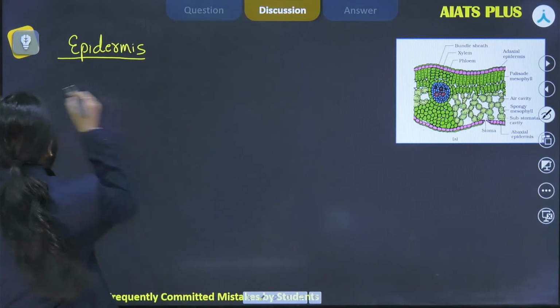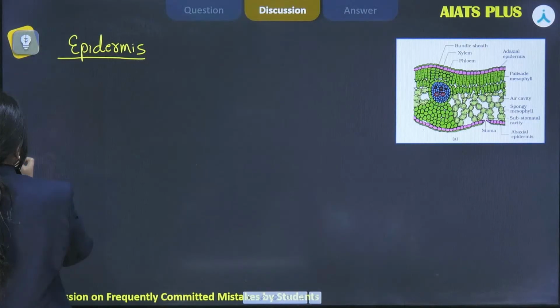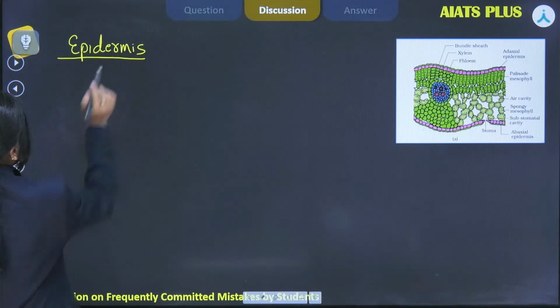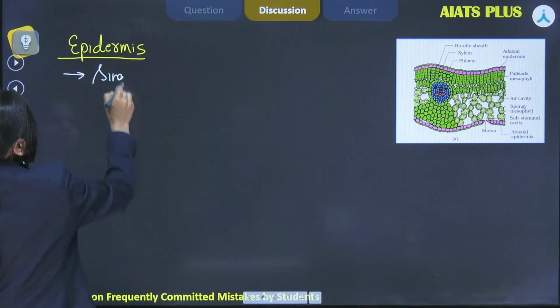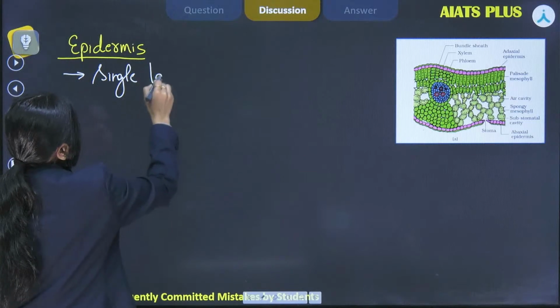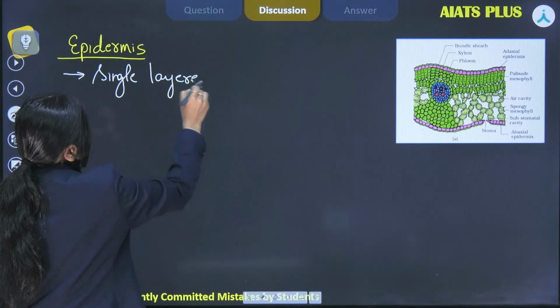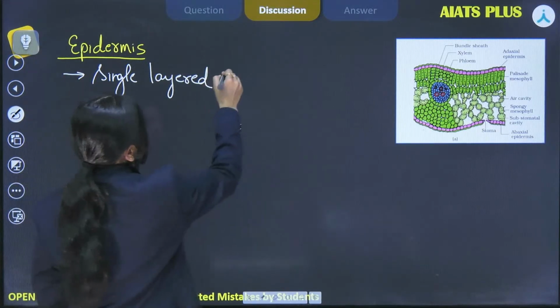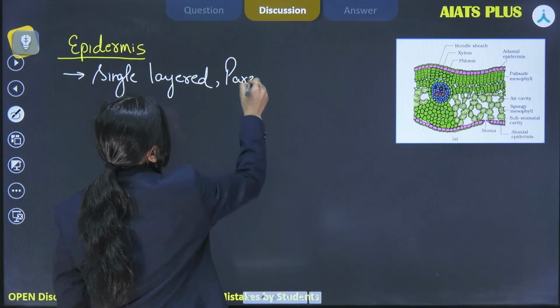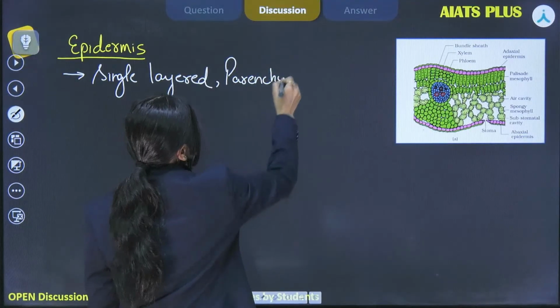So while we are considering epidermis, first of all, it is single layered. Second characteristic feature is it is parenchymatous.